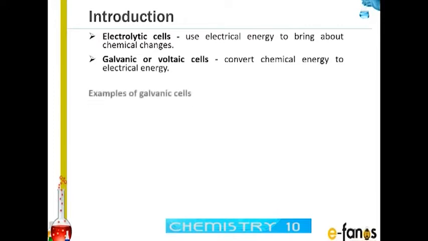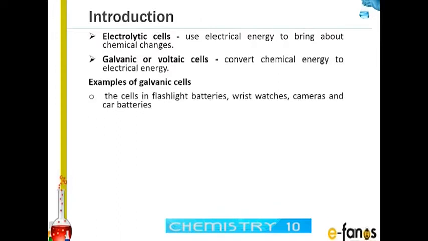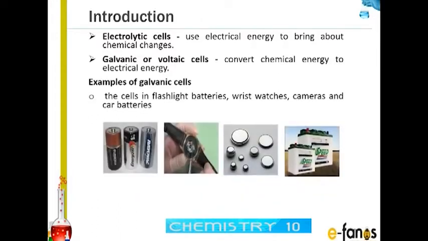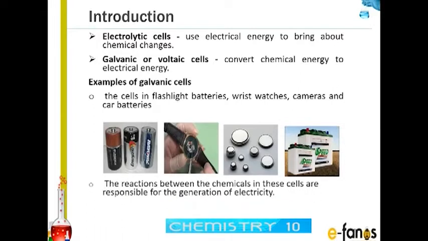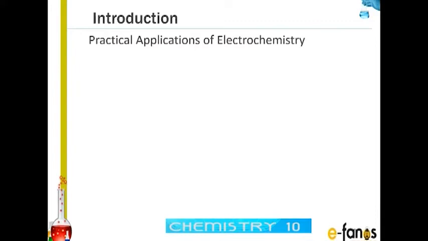Examples of galvanic cells include many types of batteries, and the reactions between the chemicals in these cells are responsible for the generation of the electricity. As we said before, electrochemistry is used in a number of industries.